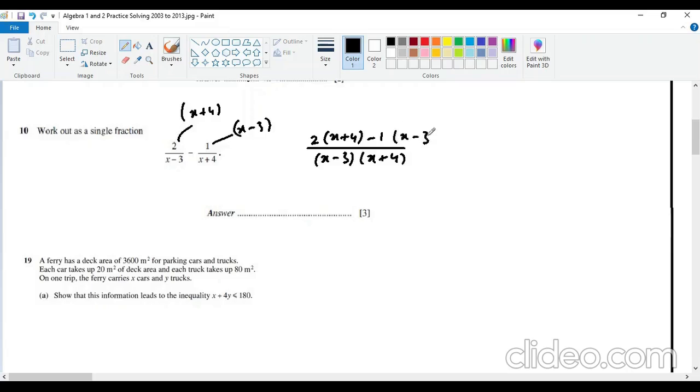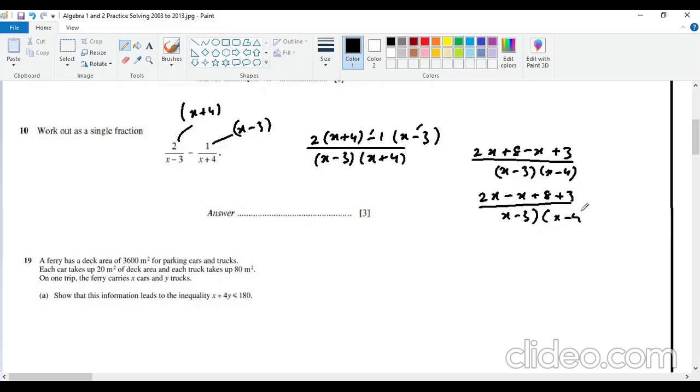So this is going to give us 2x plus 8 and minus x plus 3, because negative and negative gives you a positive, and x minus 3 and x plus 4 is going to be down below as the denominator. Arranging it, 2x minus x plus 8 plus 3 over x minus 3 and x plus 4.